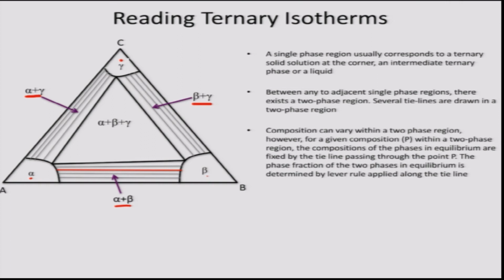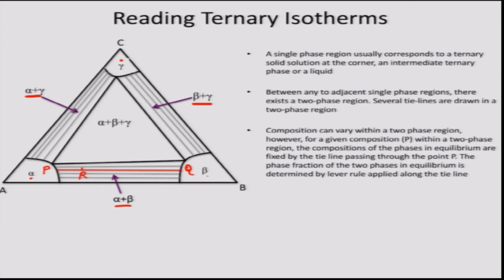So, if we consider this red tie line shown in the alpha plus beta region, let us call this line PQ. If you select any composition, let us say R, along this tie line, at this temperature the alloy R exists as two phases, in two stable phases.